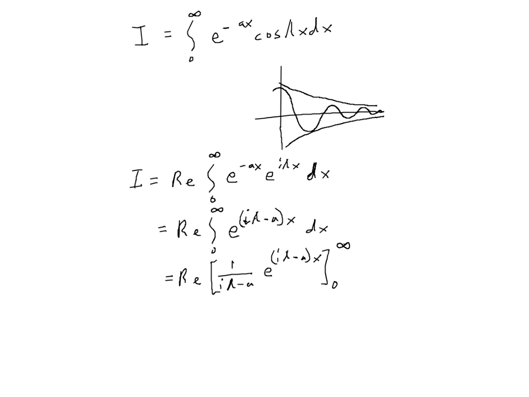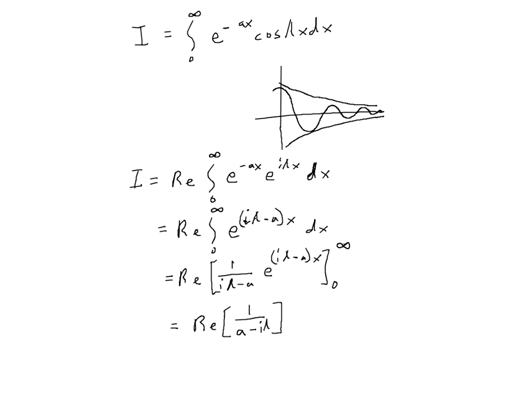When I put in infinity first, you can see that this is going to disappear because I have the minus a, and if I'm assuming a is positive, then this is going to shrink away. When I put in the 0, the exponential term just becomes 1. So this is going to be equal to the real part of 1 over a minus i lambda.